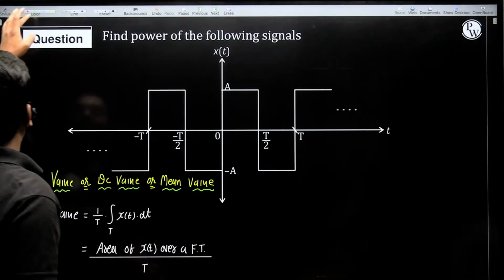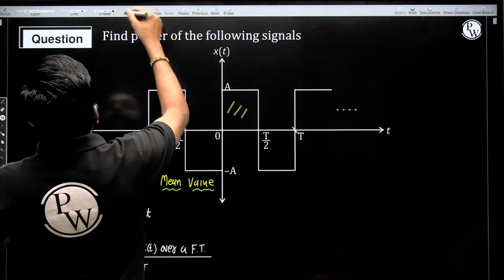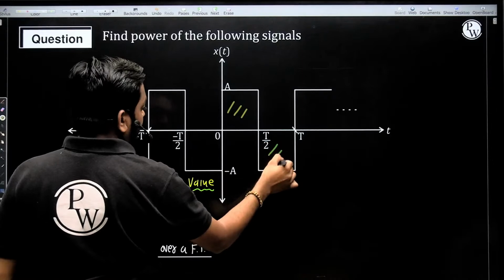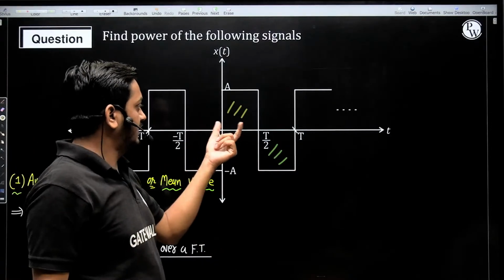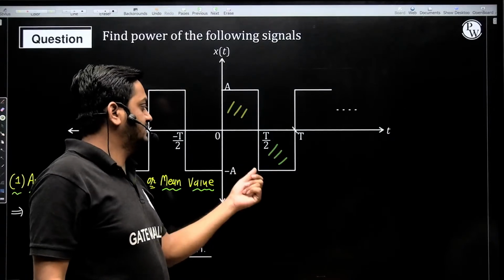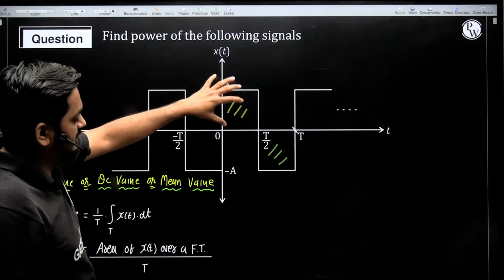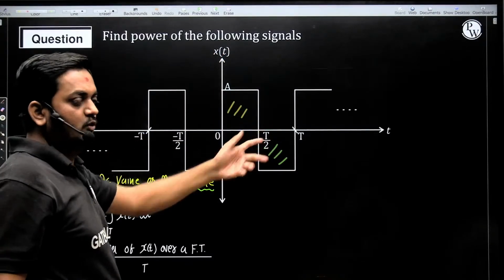So tell me the total area. Calculate the area of the positive half cycle and the area of the negative half cycle. The area of the positive half cycle is A into width T by 2, and the area of the negative half cycle is minus A into T by 2. So what is the total area? The total area becomes 0, because the areas of the positive and negative half cycles are the same but opposite in sign.